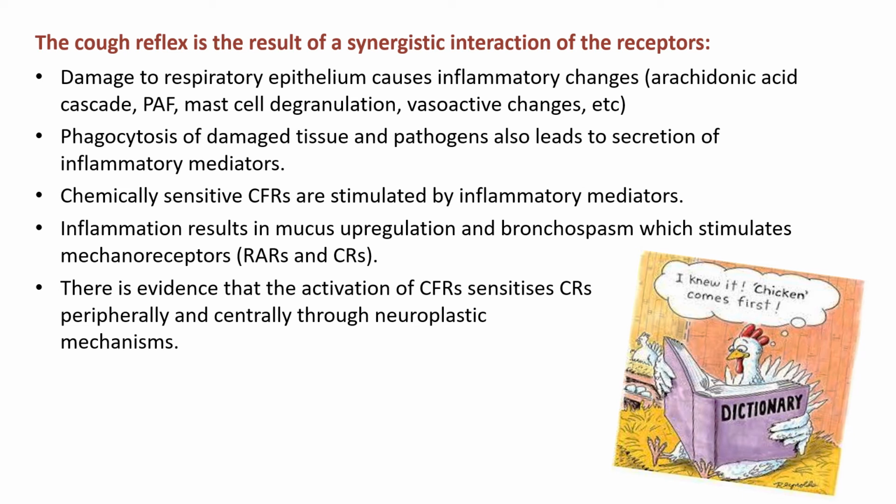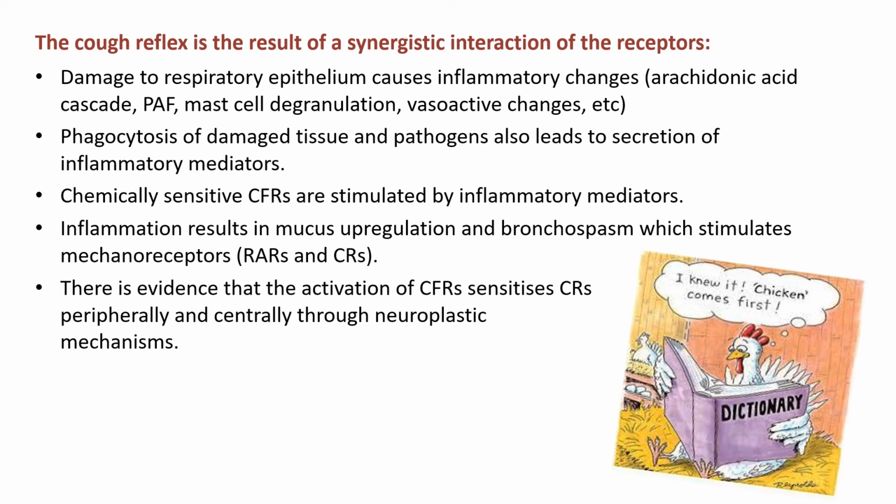And that's going to then stimulate our mechanoreceptors, our RARs and potentially our CRs, our cough receptors. There is also evidence that the activation of the CFRs can sensitize those cough receptors, the ones that respond to punctate stimulation, peripherally, so in other words at the receptor level, but also centrally at the synapses. And of course this is logical because we've got neuropeptides.